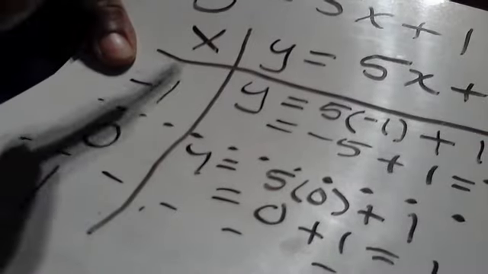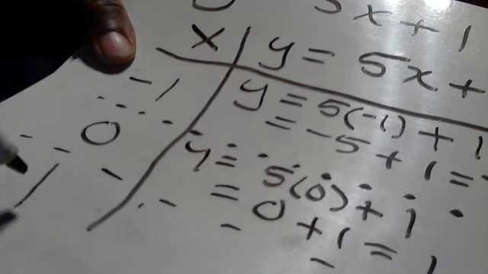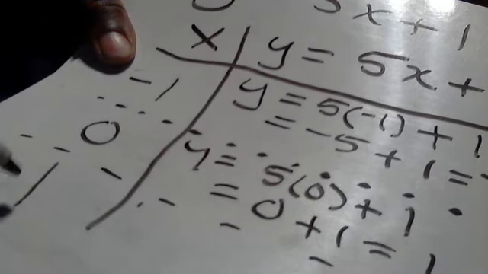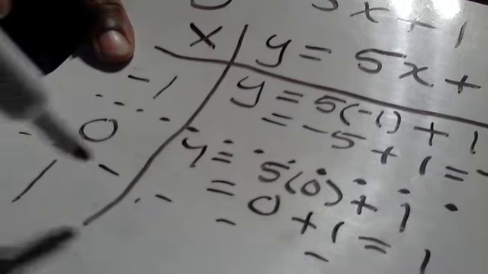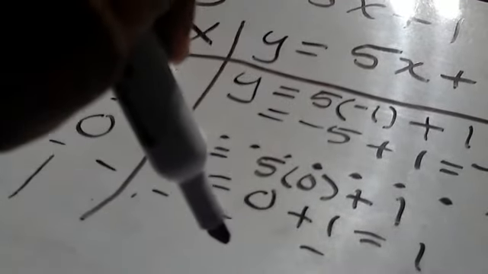What we'll do is go back to this x column and look for our last x value, which was 1, and we'll substitute that x value into our equation and figure out what our related y value is.